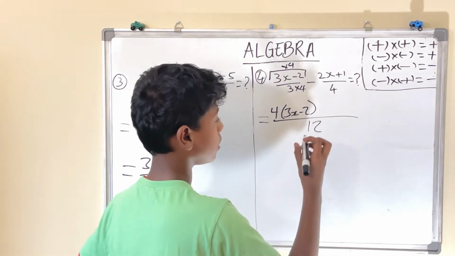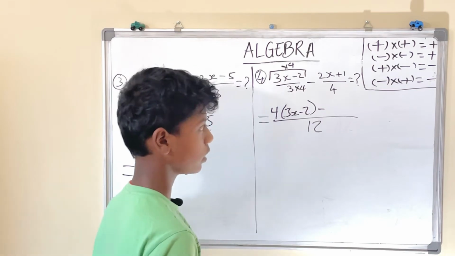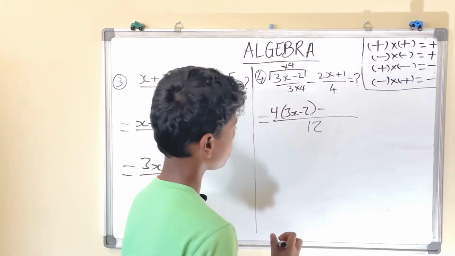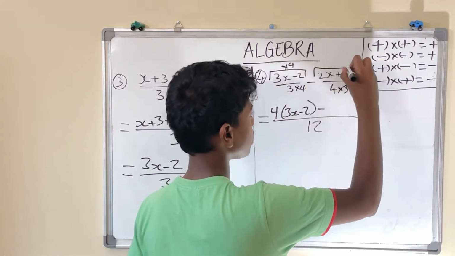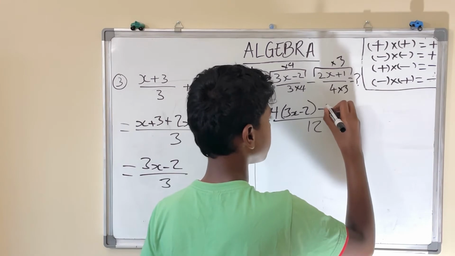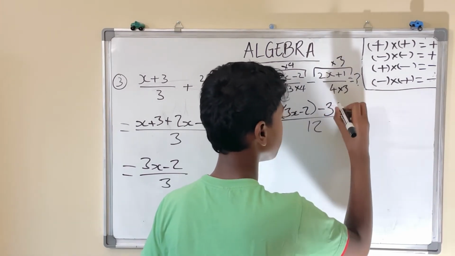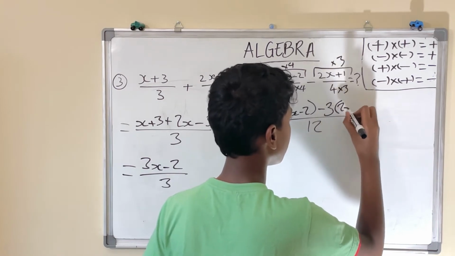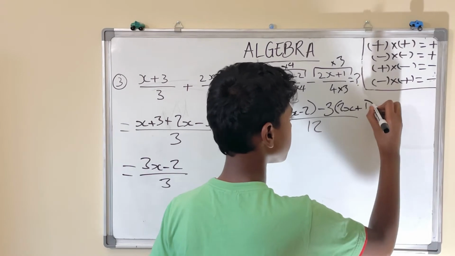So then we're going to write minus, and then we're going to see what times 4 equals 12. Well, 4 times 3 equals 12, so I'm going to write multiply by 3. And our numerator, once again, we're going to multiply by 3. So I'm going to write minus 3, and then bracket 2x plus 1. So 2x plus 1 and bracket.